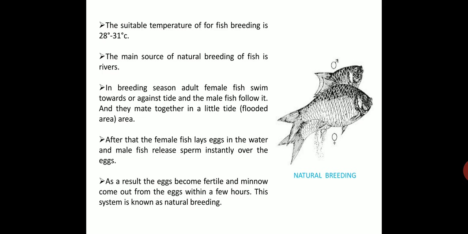After that, the female fish lays eggs in the water, and the male fish releases sperm instantly over the eggs. As a result, the eggs become fertile and minnows come out from the eggs within a few hours. This system is known as natural breeding.